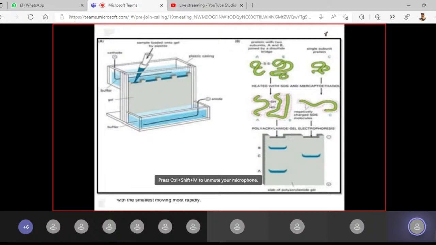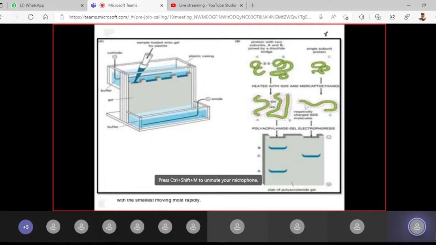So by doing this SDS PAGE, what you can determine is the molecular weight by comparing it with standards. You can run standard protein of known size and molecular weight, and then you can compare your unknown sample with the standards of known molecular weight. You can plot a graph and then determine the molecular weight.